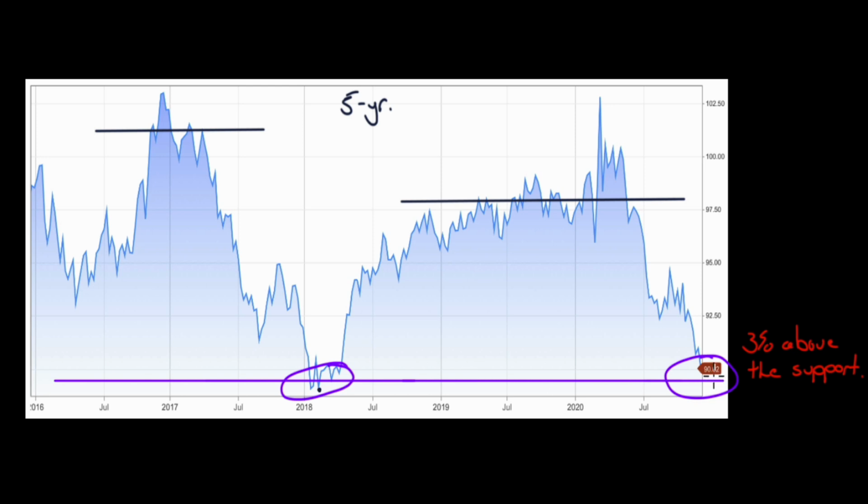So we're at 90.02, that was the closing on Friday at 90.02, and if you really want to use the lowest point in early 2018, we're sitting about 3% above the support line right now, and we've sort of made a run right to it. Are we going to break that support line?